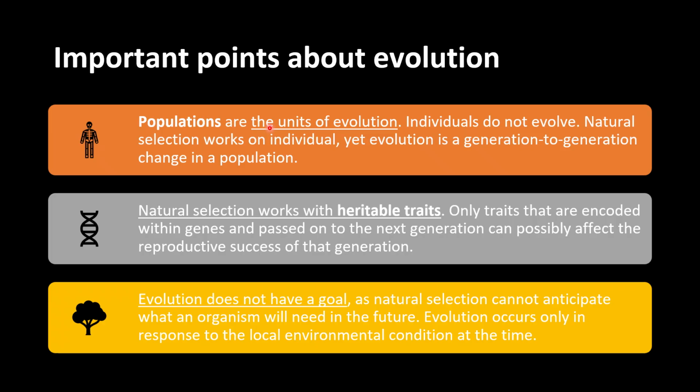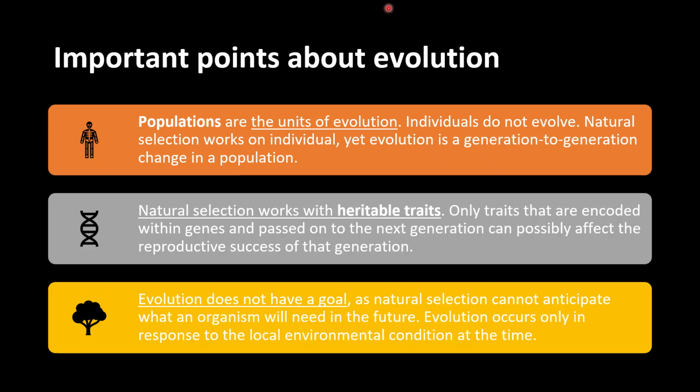So, again, whoever presents the fittest trait will survive and they get to reproduce more. So, over time, the population composition will change to have more of that fitter trait. Therefore, evolution can also be defined as the generation to generation change in a population.